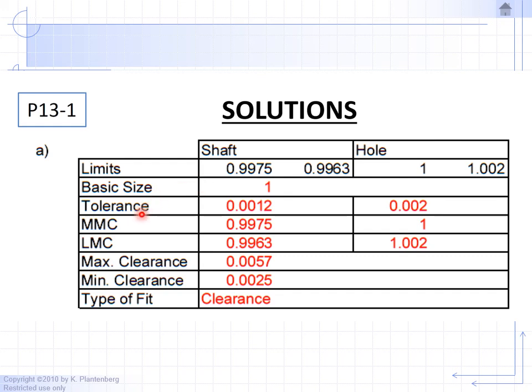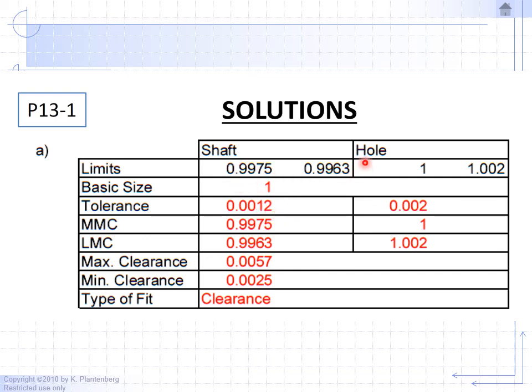Now the tolerance for the shaft, okay, so again, think of tolerance as a wiggle room. The shaft is around a 1-inch diameter. It's actually slightly smaller. So what is the tolerance? What is the total wiggle room you have? It's just 0.9975 minus 0.9963, and that'll give us 0.0012.